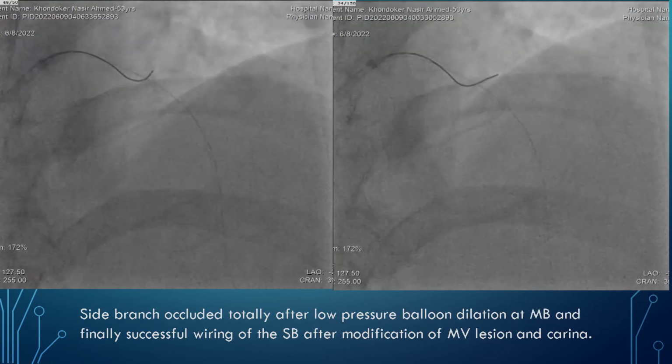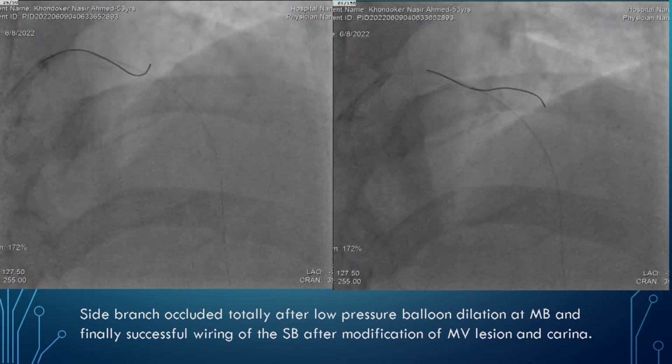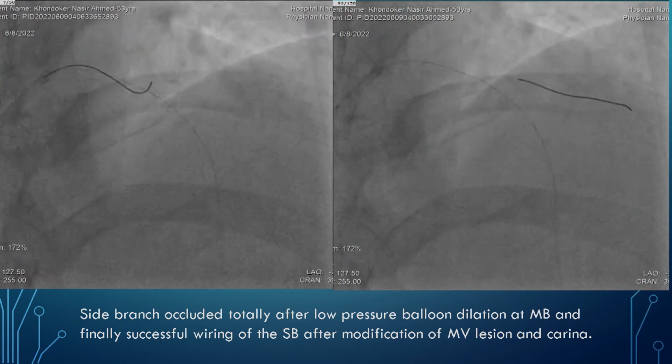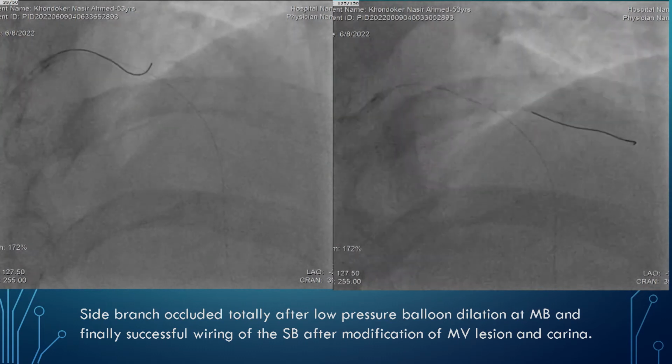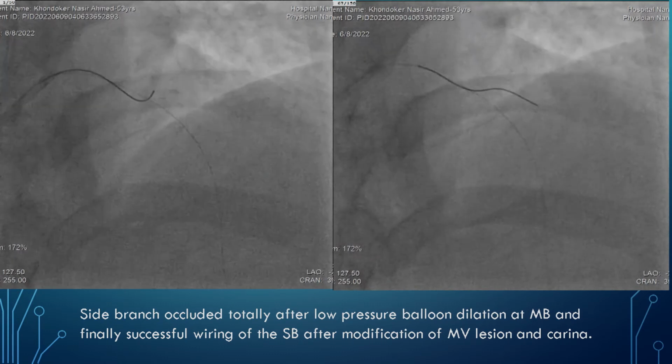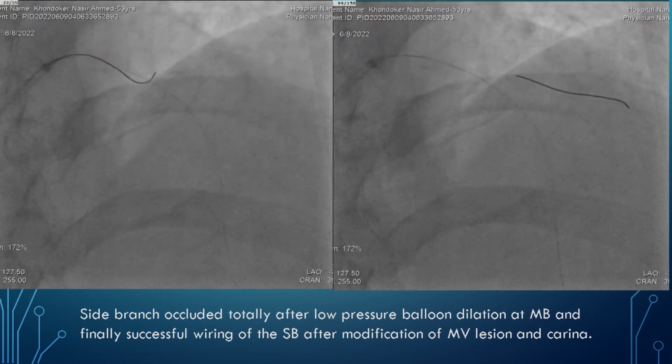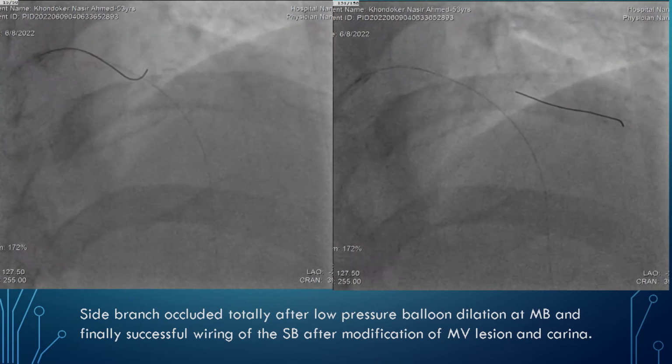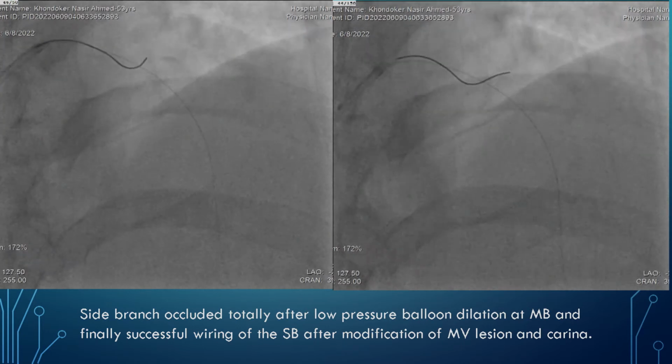And later, the side branch totally occluded just after low pressure balloon inflations of the main branch, and the patient developed symptoms. But finally, wiring of the side branch was successful after modification of the main branch lesion as well as the carina.